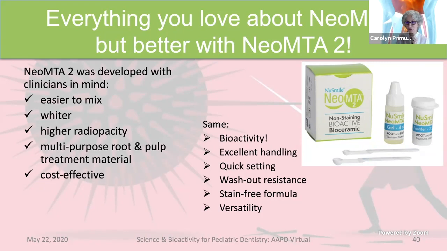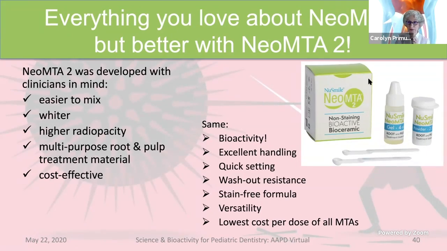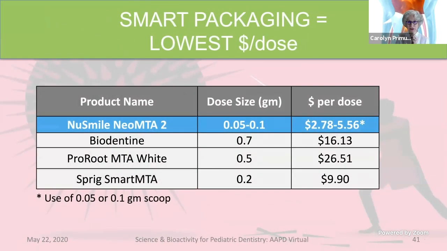So you can have one material in your practice to do a lot of different things. And they do have the lowest cost per dose of all MTAs, partly because of their bulk packaging here. And you can see the powder bottle and the gel bottle and the ability to use a larger or smaller scoop for the procedure that you need.